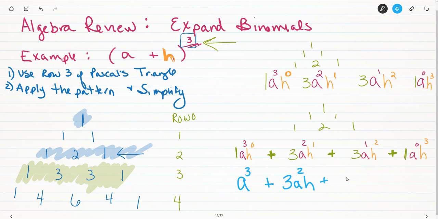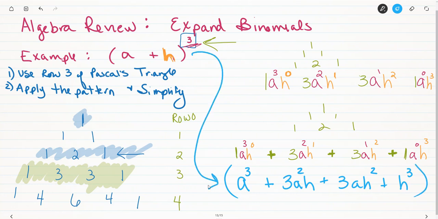Notice I'm going to drop that exponent of 1. 3ah squared. 1 times a to the 0 is 1 times 1, which is still just 1, h cubed, and that's it. So a plus h cubed, go ahead and FOIL it out, but you'll see that it's going to be equivalent to a cubed plus 3a squared h plus 3ah squared plus h cubed.